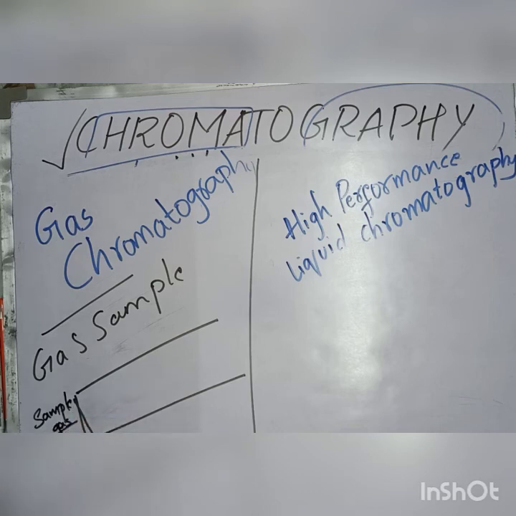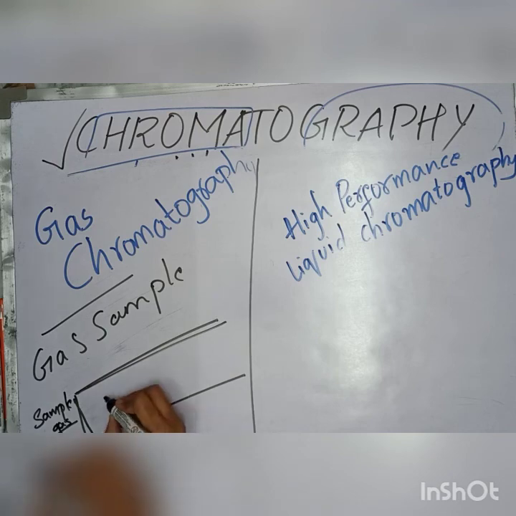Now this sample gas will pass through the column with the help of a carrier gas, so the mobile phase is also a gas. The sample gas is carried by the carrier gas, which is mostly helium.